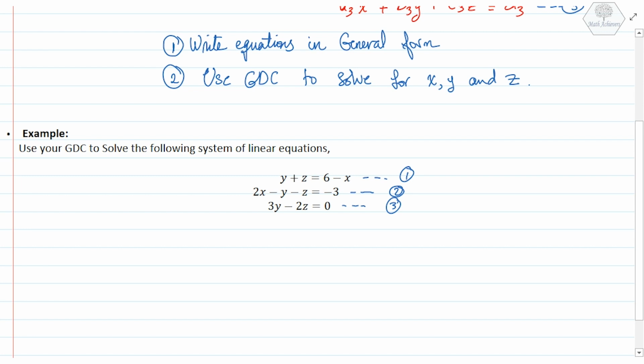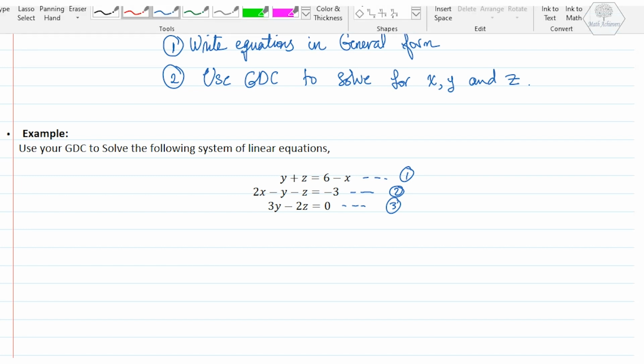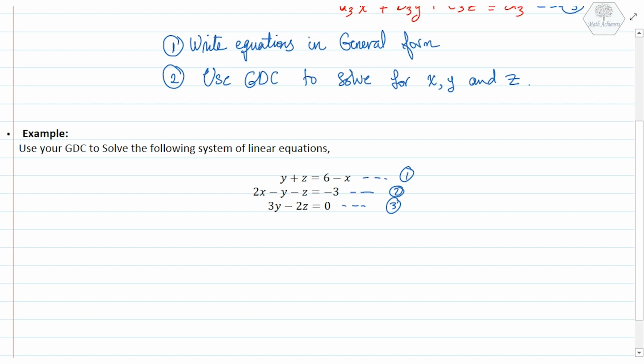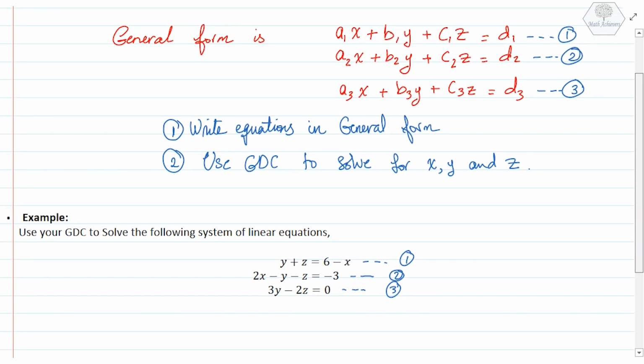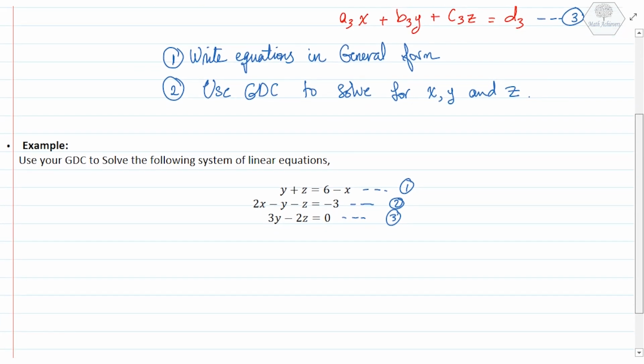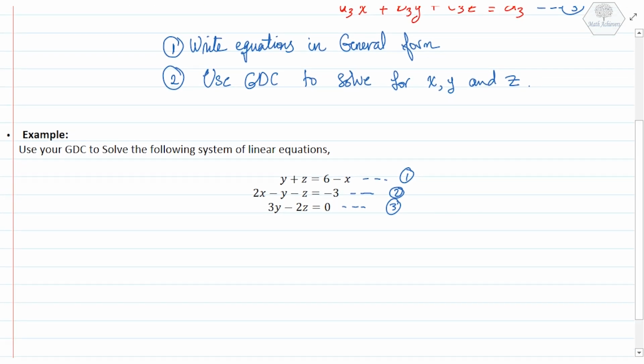Now, in order to solve, I need to write it in the form ax plus by plus cz equals d. I have the constant on one side and all the variables on the other side. So for equation 1, I need to take the minus x to the left-hand side. Equation 2 already is written well, and equation 3 is already written well.